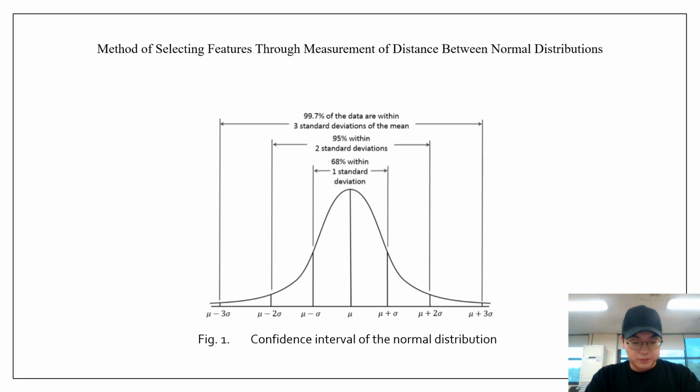If the confidence interval is assumed to be 2 sigma, it is at least equivalent to setting a valid range for the parameter of interest.